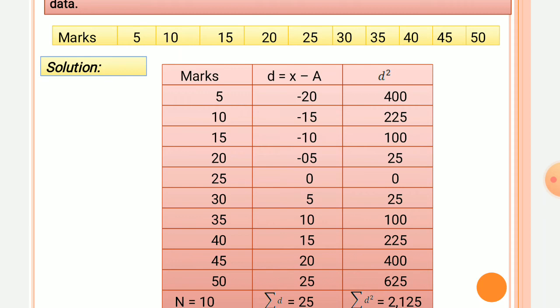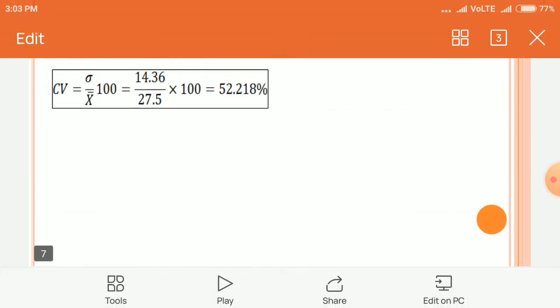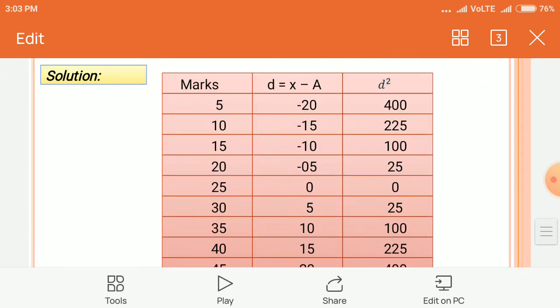So like that we have to make the squares of d.